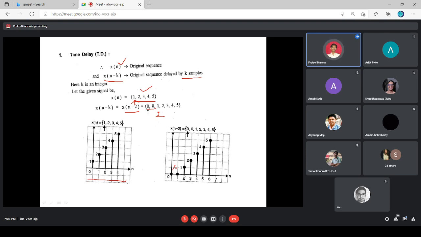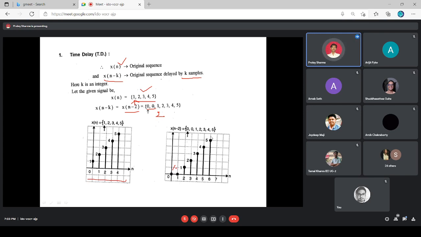Where the signal was starting from 0th position, instead it is starting, suppose, from 2nd position. So it is giving a delay of 2 seconds. So this is called time delay. So signal we are getting after some time. It is achieved by zero padding, two zeros we have added.